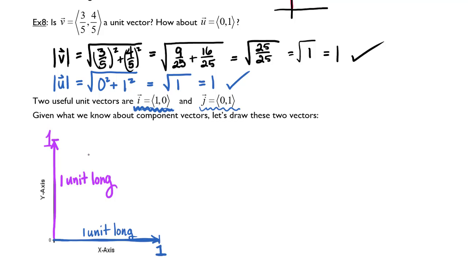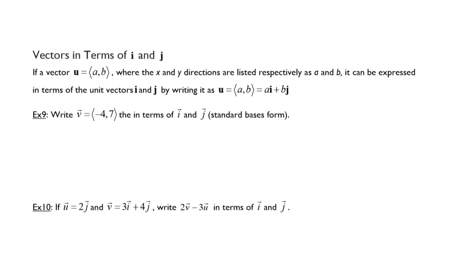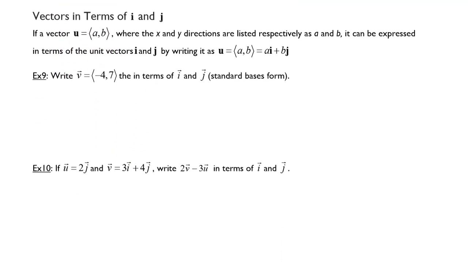So we will use these two vectors, the i and the j vector, to describe how a vector is composed. We'll still use this idea of components, but now we're going to add these tiny little unit vectors together to describe a bigger vector. So if we wanted to take these vectors in terms of i and j, we would add multiples of i and multiples of j to describe a vector that is not 1 unit long, it's some other length.